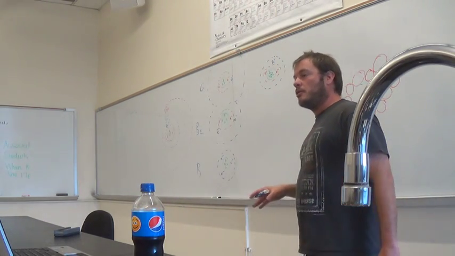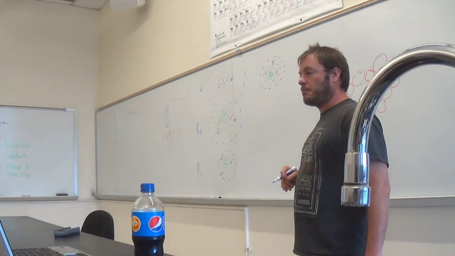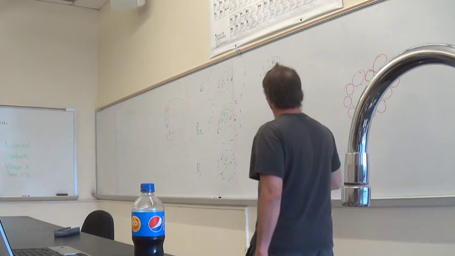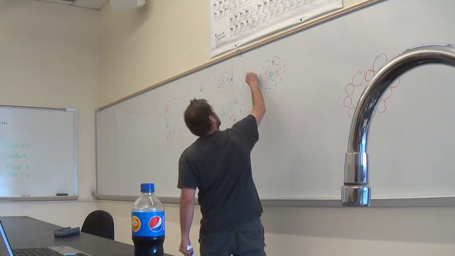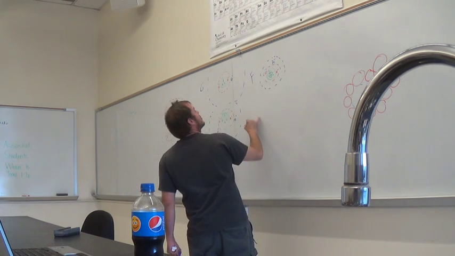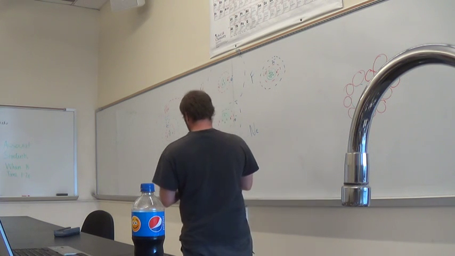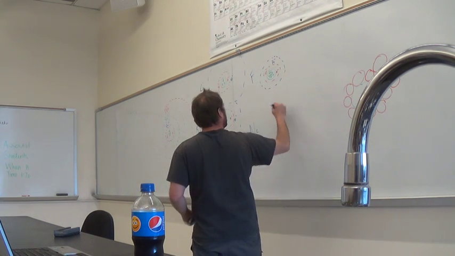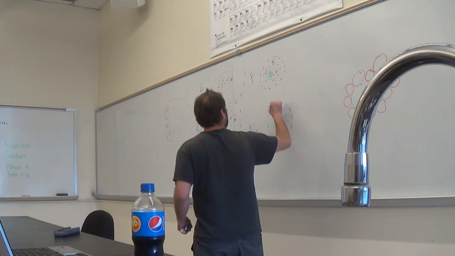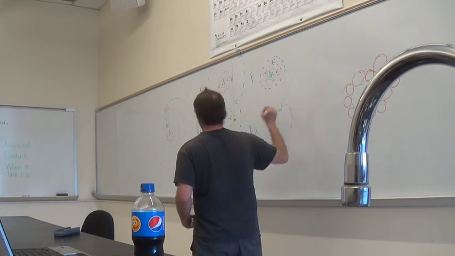When we stick one more electron in that shell, so this was fluorine, we stick one more in, we've got a neon atom. Now your neon has 8 electrons in that shell.